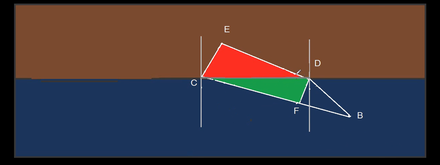The angle between these two lines is the angle of incidence, that is I. Since this is 90 degrees and this is also 90 degrees, this angle must be 90 minus I. Then this angle equals I.